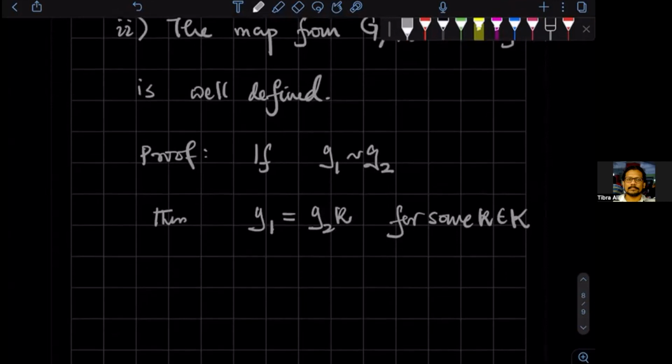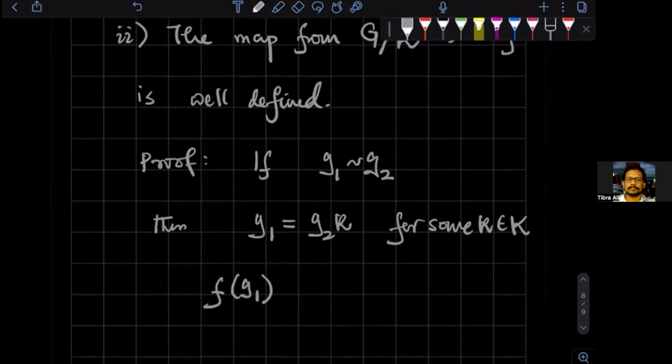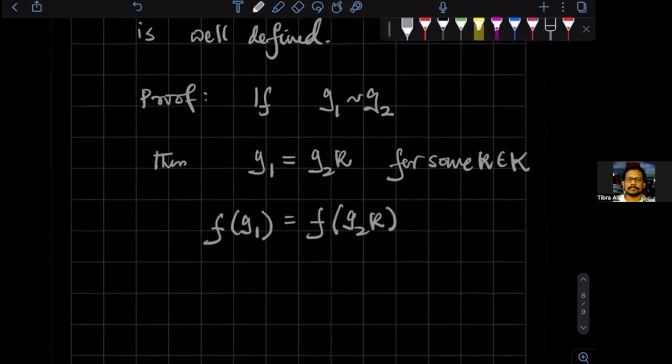Then f of G1, because it's a group homomorphism, will take us to f of G2 k, and this is where the assumption of group homomorphism comes in: the right-hand side can be written as f of G2 times f of k.